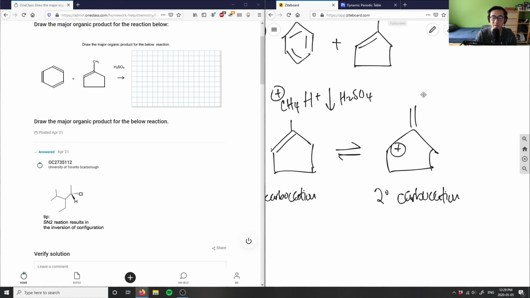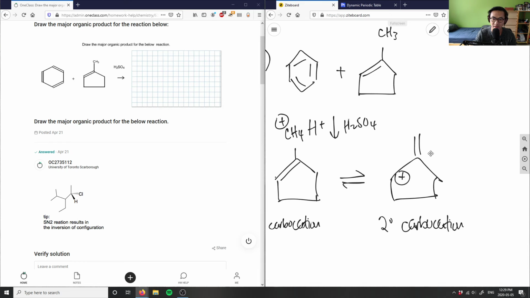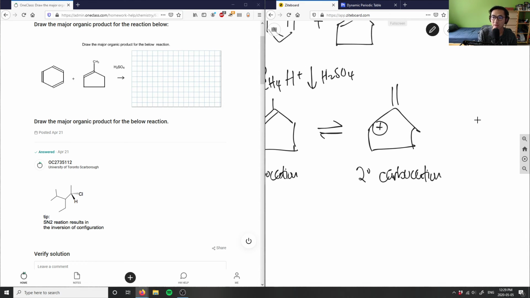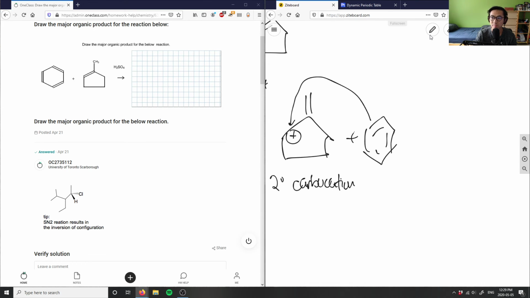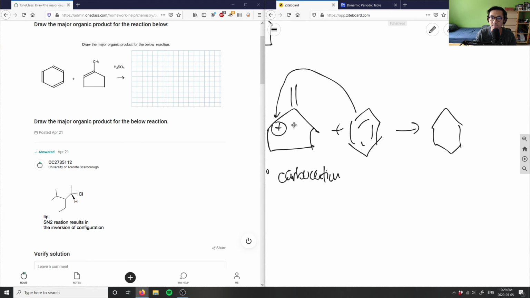So assuming that this is actually being protonated and I get something like this, then I can add my benzene group now here. And benzene here is going to obviously be attracted to this positive charge here, and I would get something like this. So my benzene group would be basically attached to this carbon here.